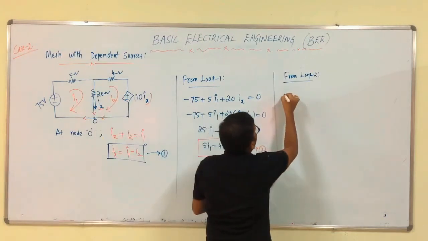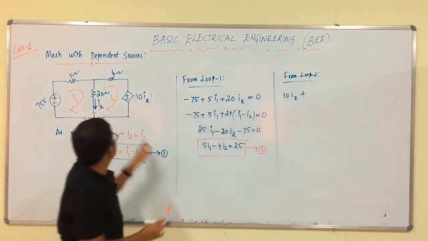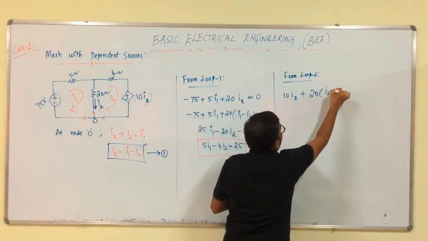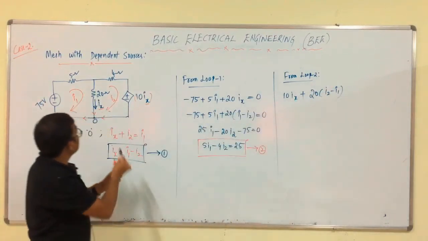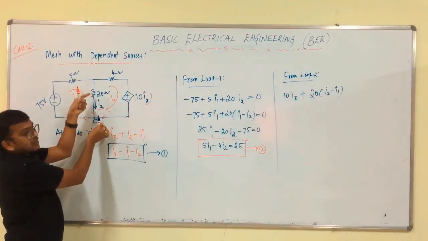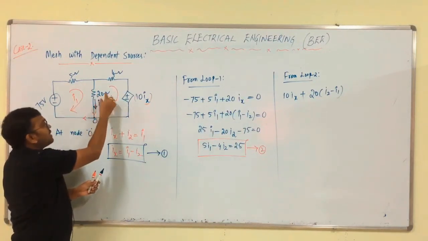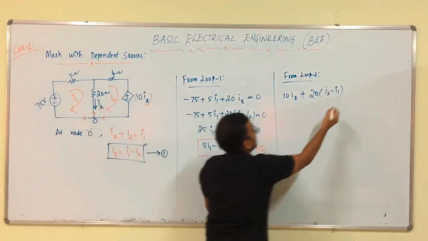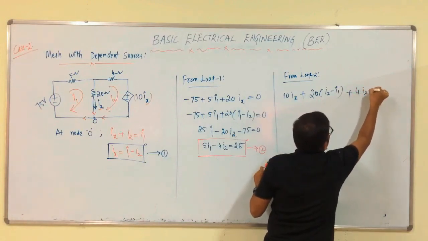So, 10 Ix plus, coming to this, 20 into the mutual branch I2 minus I1, because the current through this is I2, which is opposite to Ix. That is why 20 into (I2 minus I1). Or simply we have to take 20 with respect to loop 2, 20 into (I2 minus I1), plus 4 into I2 equals 0.